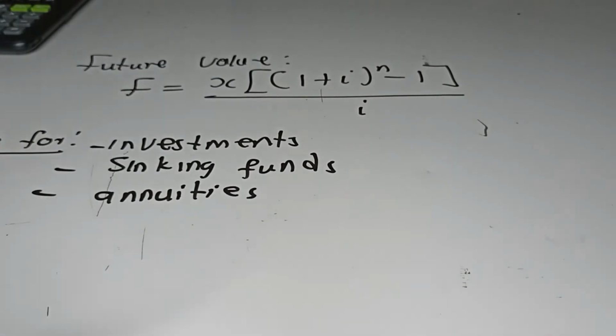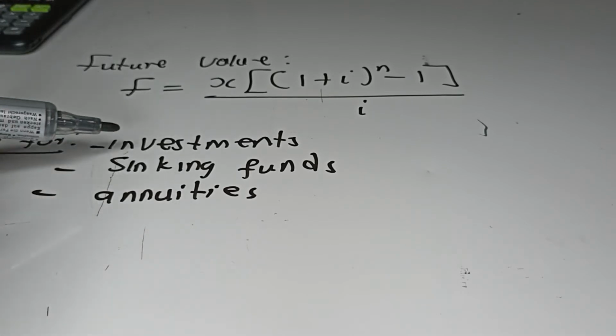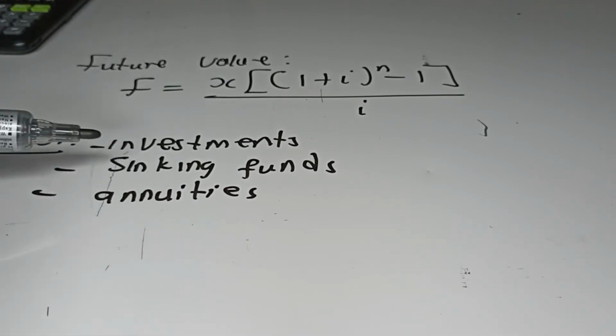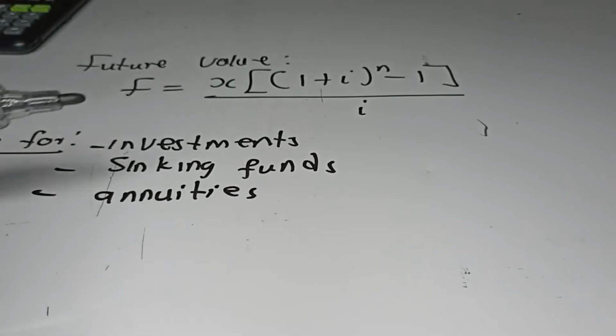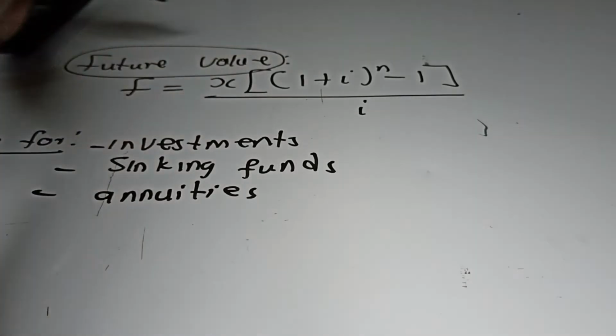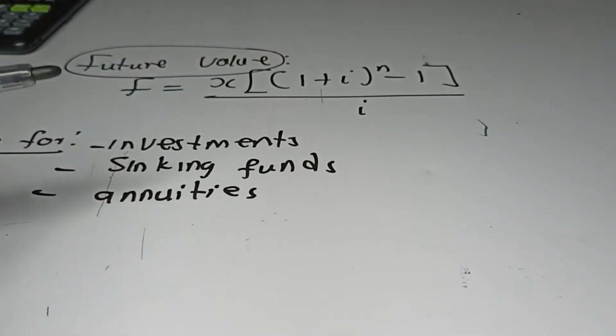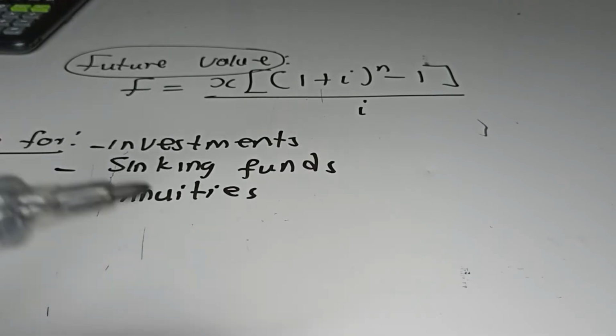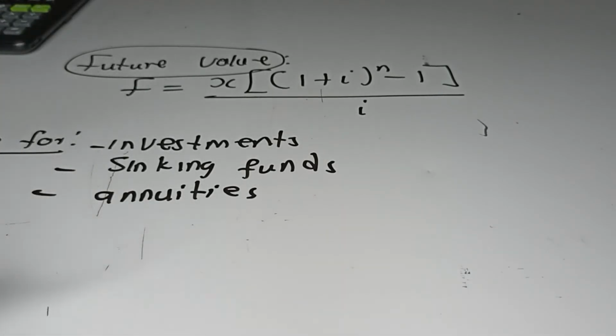So if you check and see the information taking you through any of this, either investments, sinking funds, or annuities, this is the right formula for you to use. But first of all, you have to analyze the part of the installment. If you figure out that there is an installment, you have to select either present or future value.